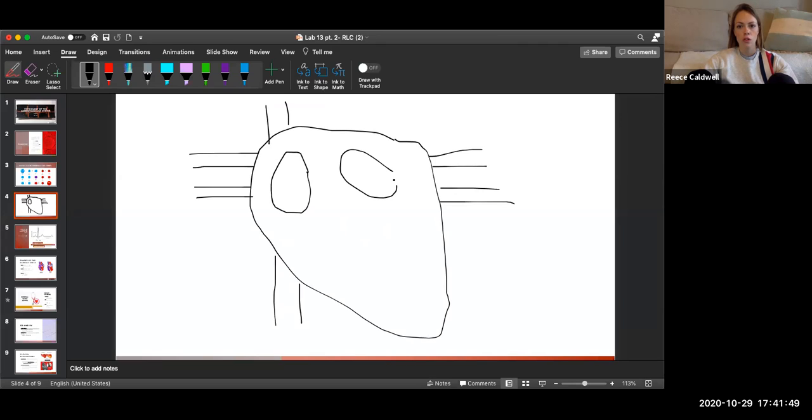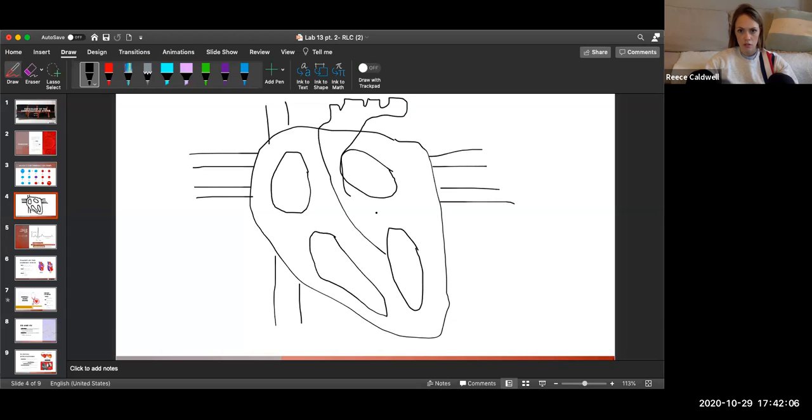We have two upper chambers, and then we have two lower chambers, the ventricles. And then we also have... we did draw it last week, but we're going to draw it with a little bit more detail now. So we are going to add some things.